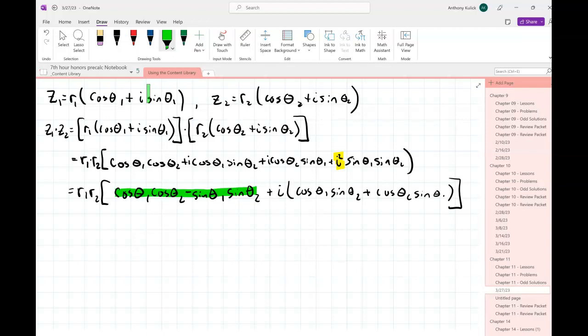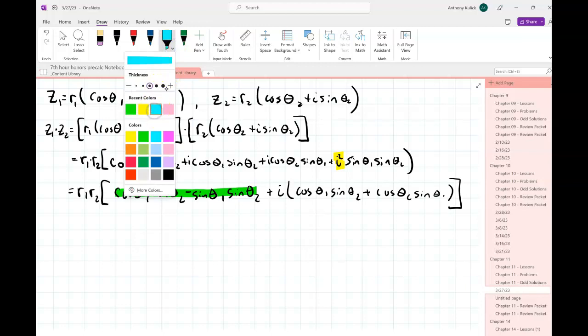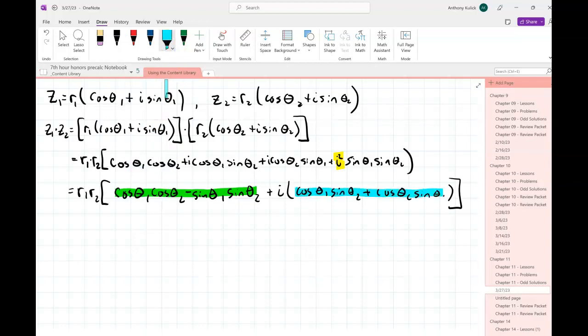Yeah, it's the angle sum identity for cosine. And how about this one? Cosine theta 1 sine theta 2 plus cosine theta 2 times sine theta 1. Guess what that is? It's another identity. It's the angle sum for sine.